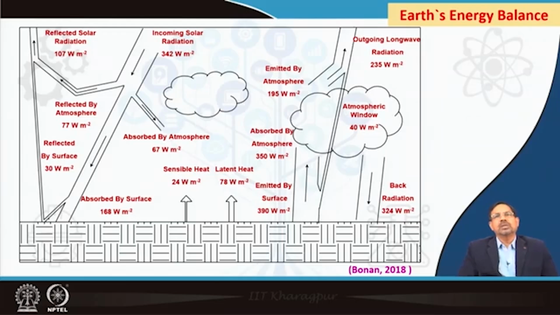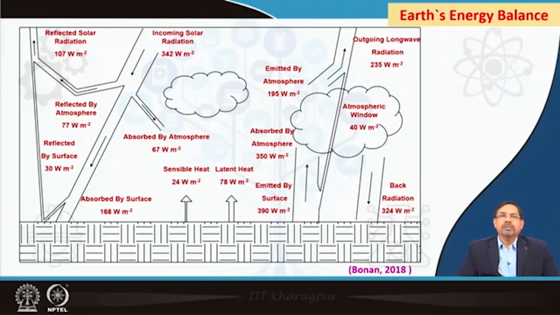With respect to the outgoing long wave radiation, 235 watts per meter square is going out as outgoing long wave radiation, escaping to outer space.